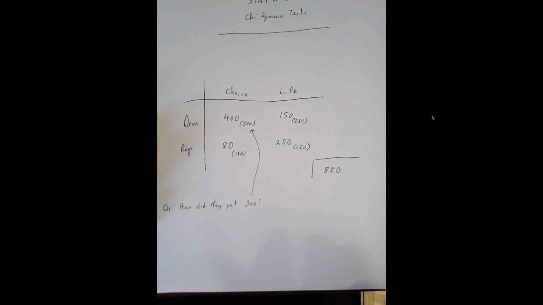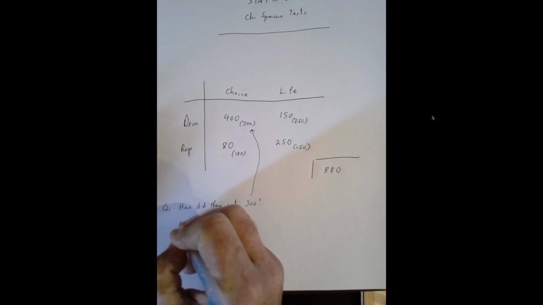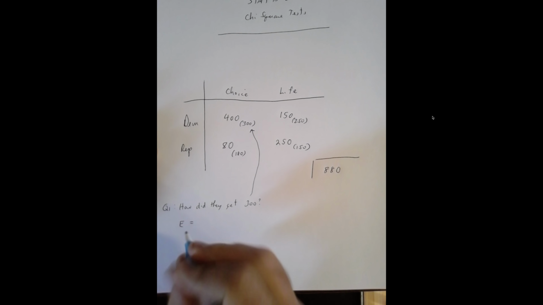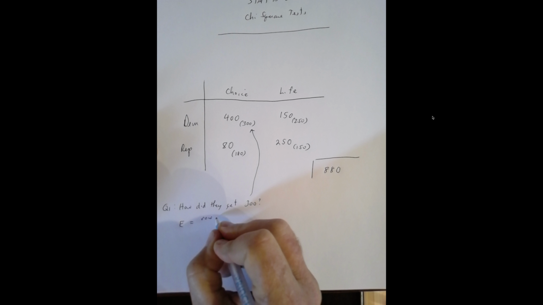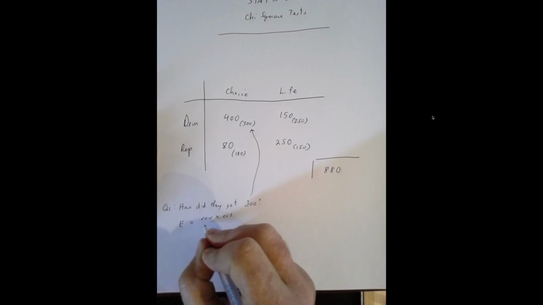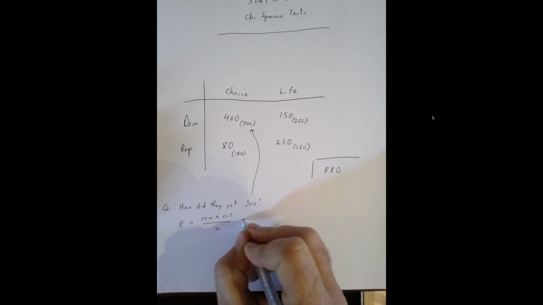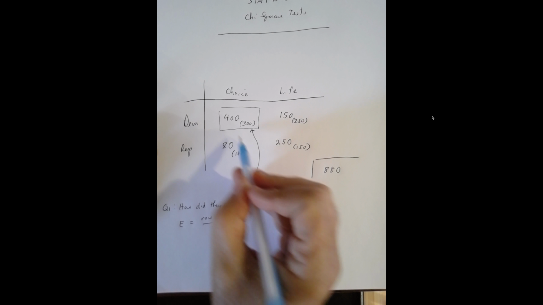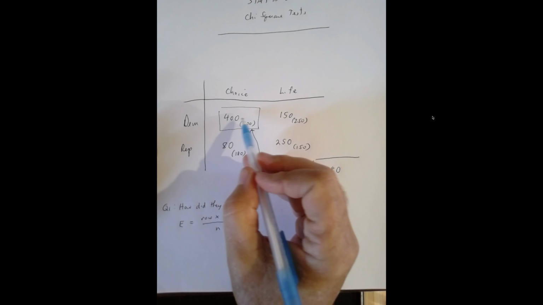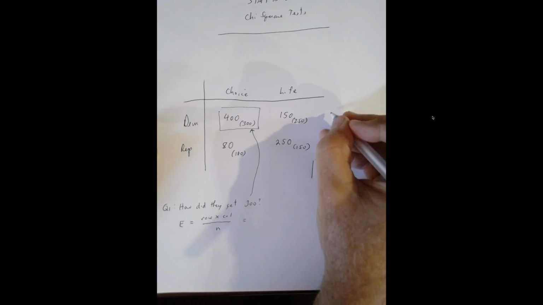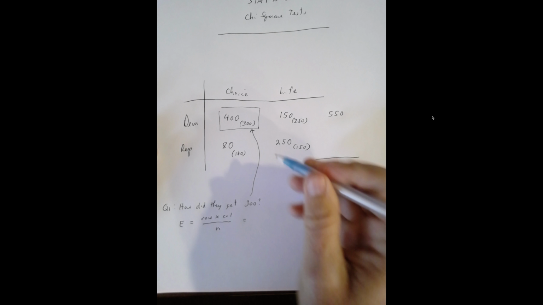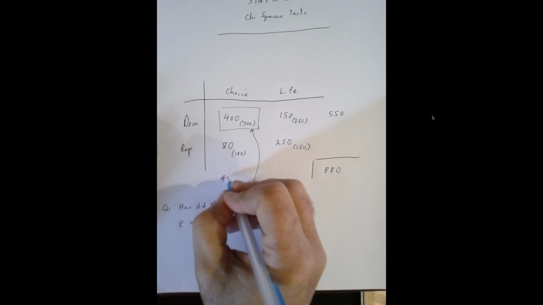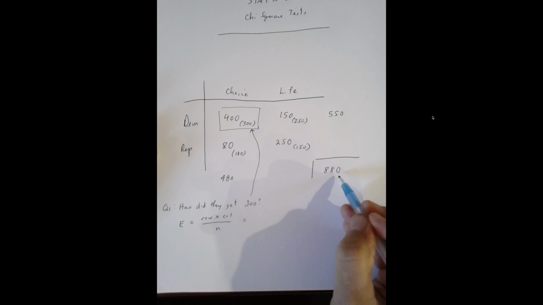Well, guys, in the previous video, I told you that we could take the expected cell count as the row total times the column total over the sample size. If I focus on this cell count alone, my row total is 400 plus 150, which is 550. And my column total is 400 plus 80, which is 480. And my total is 880.